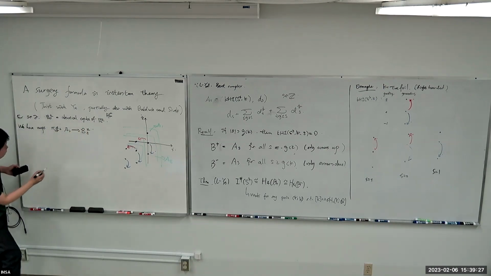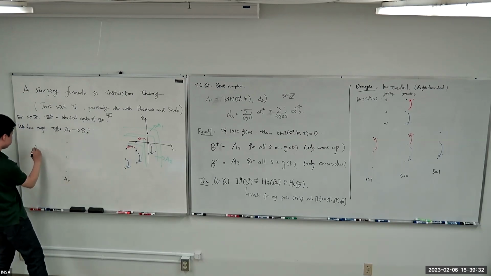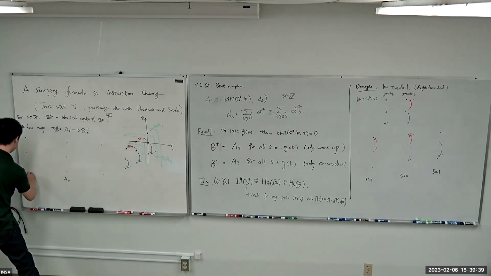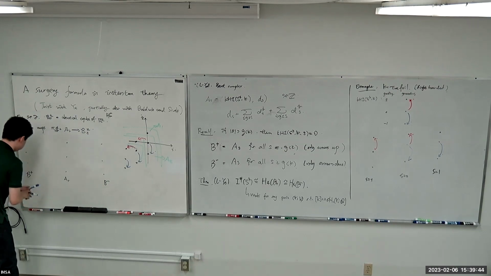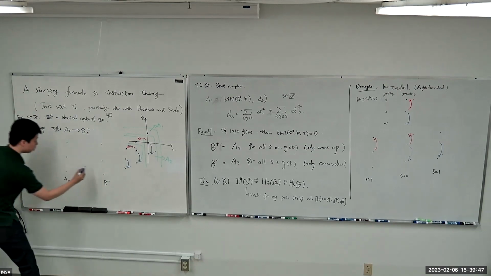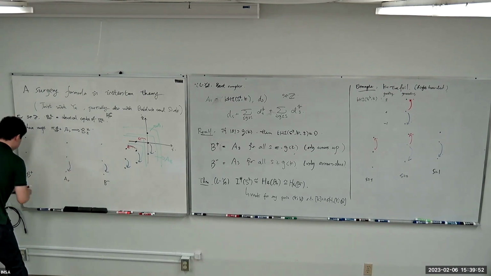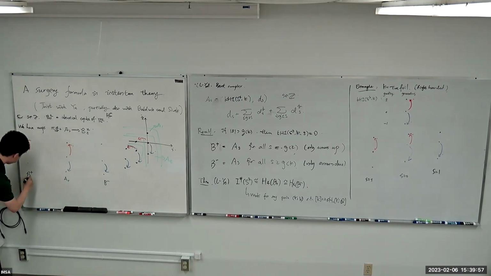So I'm going to explain that by an example. For example, this is A0, and we also have B plus and B minus. B plus always goes up, and B minus always goes down. Suppose we want to define these two maps that go from A0 to B plus and B minus.